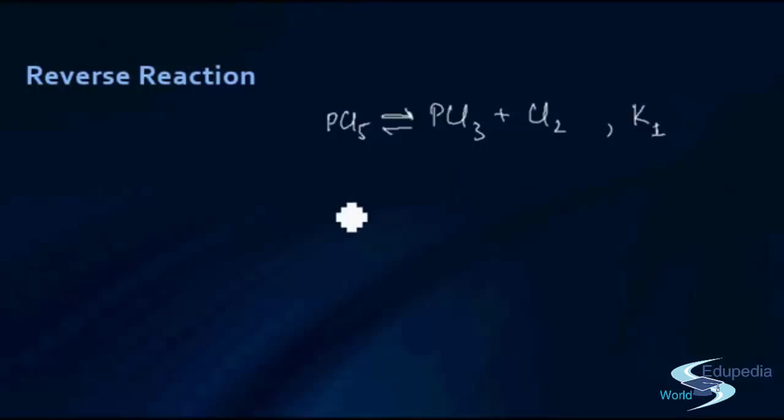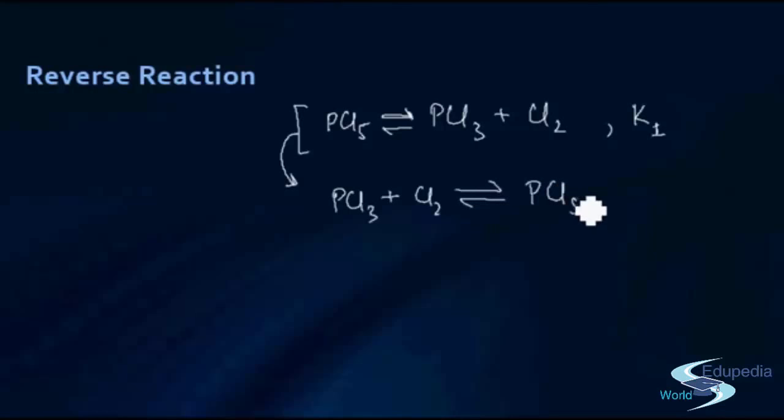What happens if instead I write the same reaction in this way? Ultimately it is a reversible reaction, so even my products are reacting to form the reactant back. So what happens if I write the initial products on the left hand side now? Now these have become our reactants and this is our product on the right hand side.